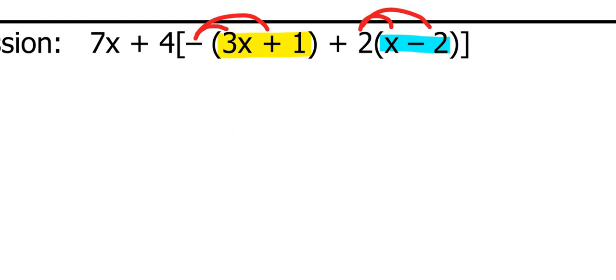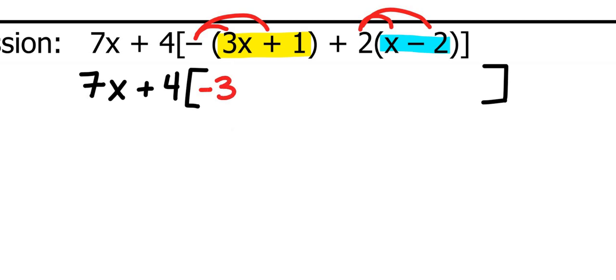Okay, so 7x plus 4, big bracket area here. The negative gets distributed to both terms in the parentheses, so it's going to change the sign of both terms. So now we have negative 3x minus 1.